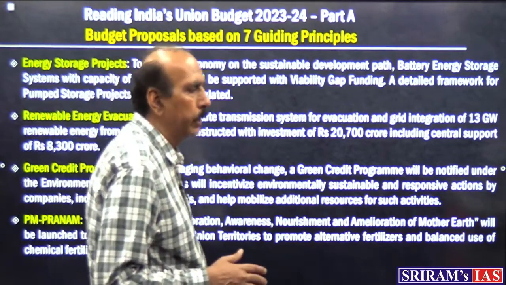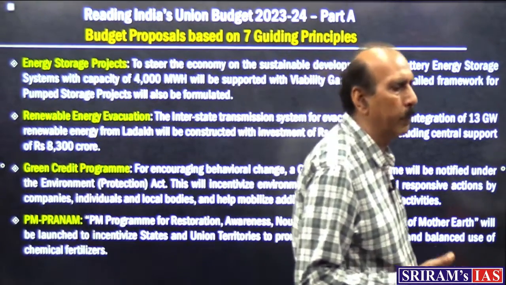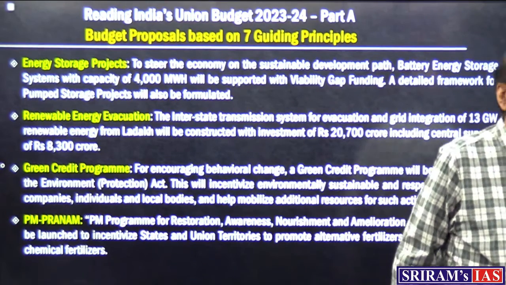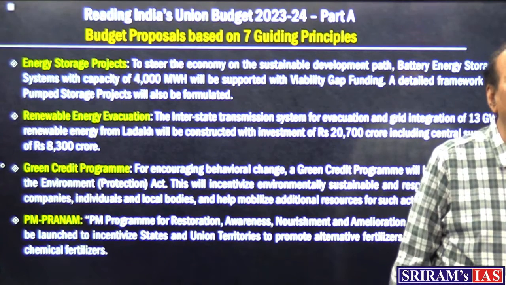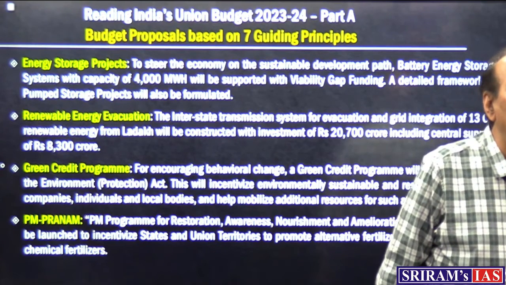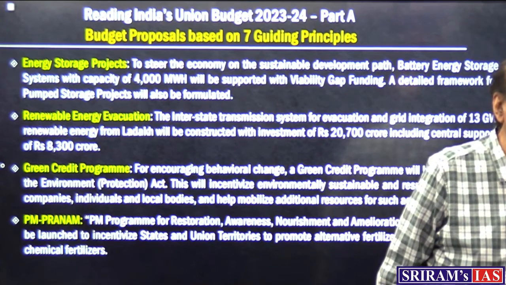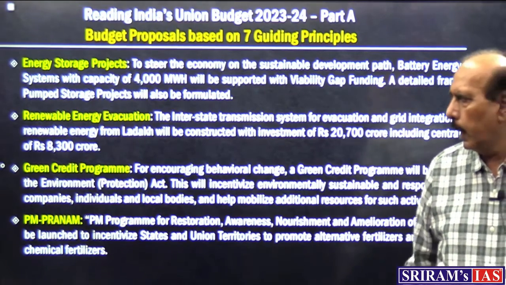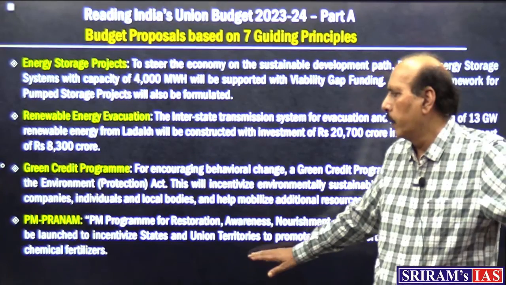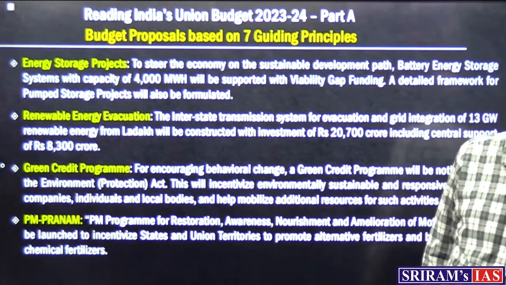We already have a separate program in agriculture, that is organic farming. In organic farming, we are already promoting farmers to move away from chemical fertilizers to biofertilizers. Here again, under this program, we are providing an incentive scheme.